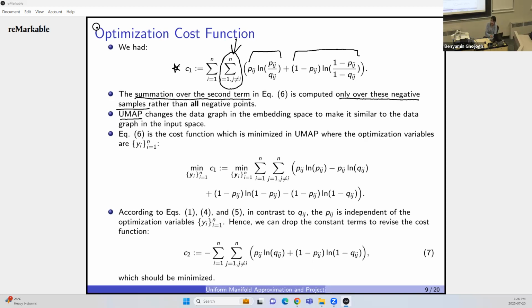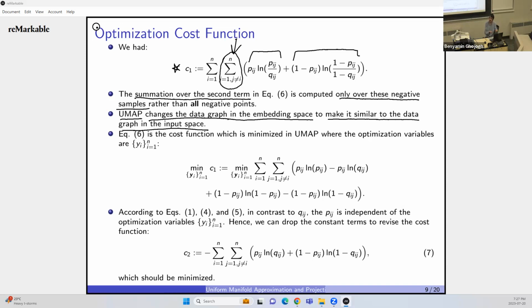Then UMAP, what does it do? It changes the data graph in the embedding space to make it similar to the data graph in the input space. So assume we have a data graph in the input space. We also, for the sake of optimization, randomly initialize some graph in the embedding space.